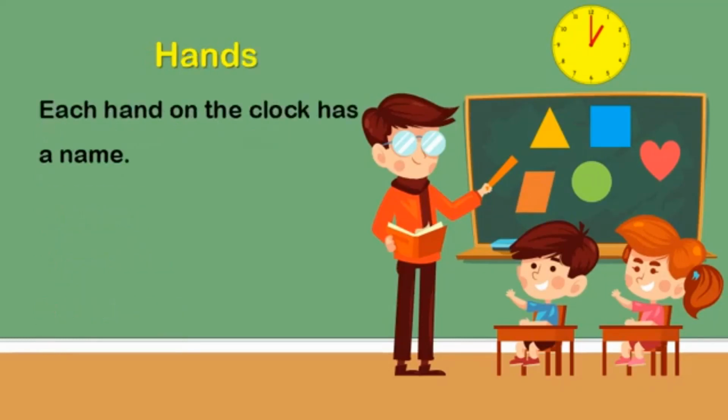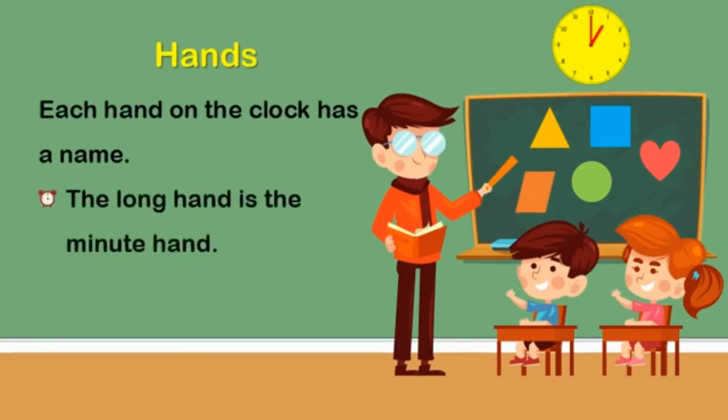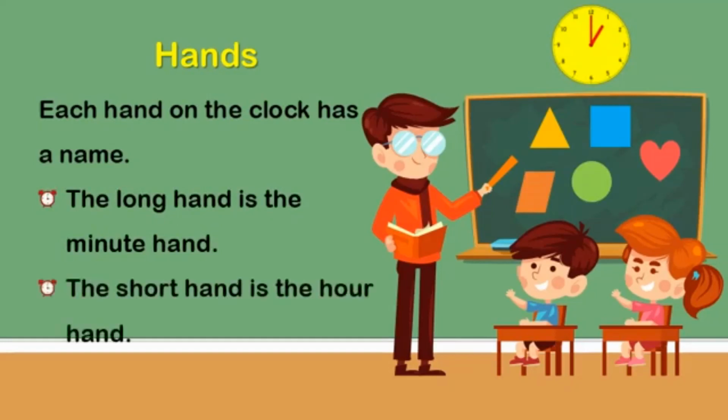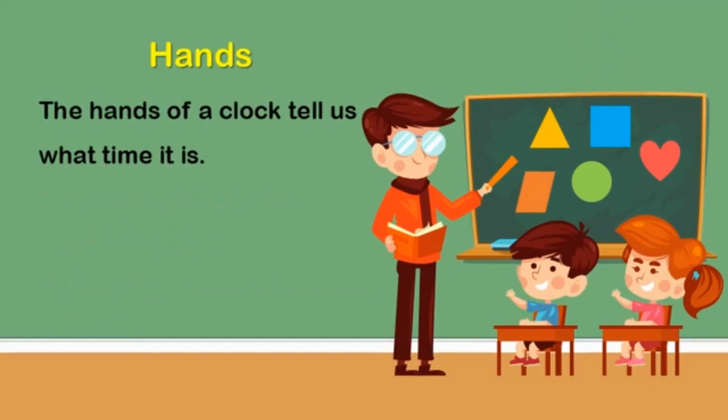Each hand on the clock has a name. The long hand is called the minute hand. The short hand is also called the hour hand. The hands of a clock tell us what time it is.